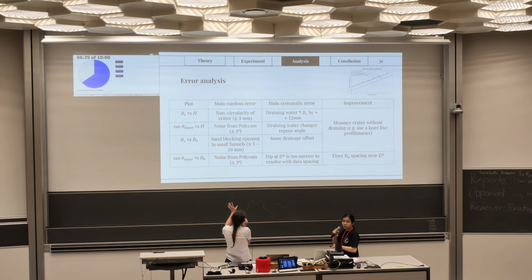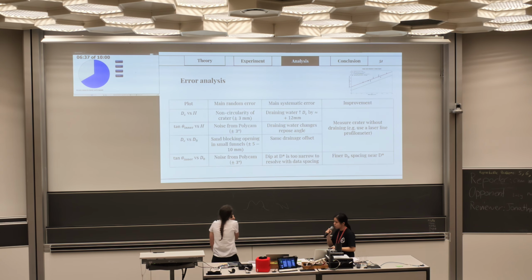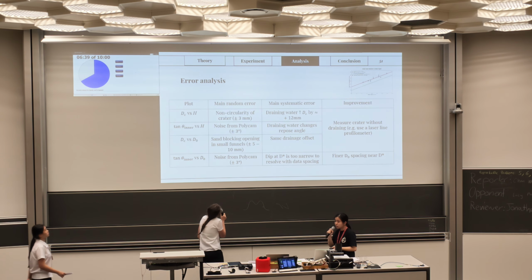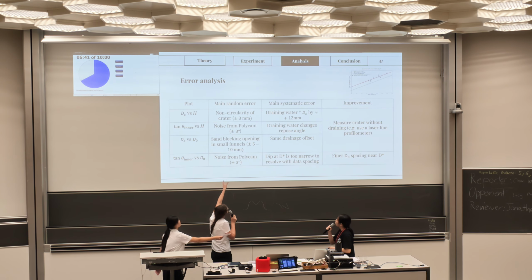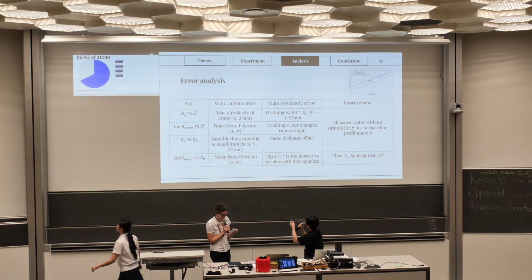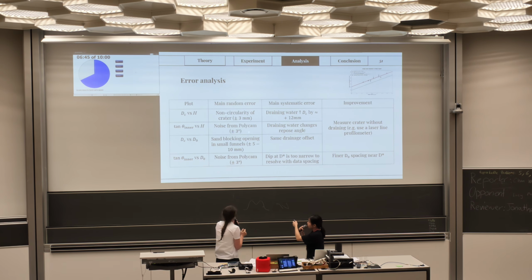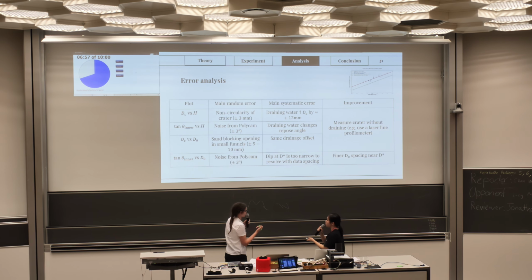So, in terms of the errors, I think what could be beneficial is to have a greater explanation of why these errors would cause these things. So, what do you mean, for instance, by the non-circularity of the crater? Non-circularity of the crater, because we assume that it is axisymmetric, but in real life it differs by a few mm when we measure using a camera, and we discover that it is a bit non-circular, but it's minimal.